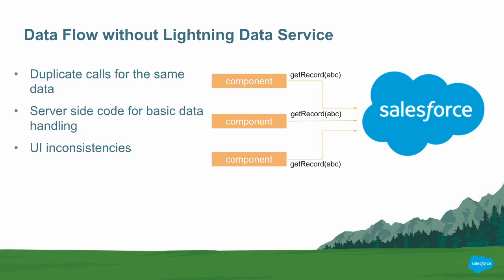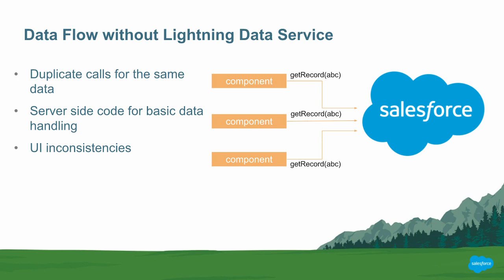Right? You have to learn SOQL, you have to do all these things just to build a Lightning component. And then if you install an app, or if you install 2 apps in your org, and you add them to the same page, all of those components, even though they might be working with the same record, are now making API calls.